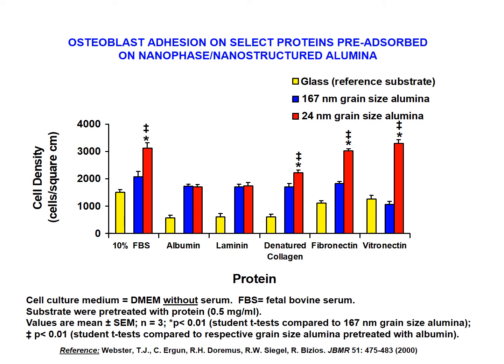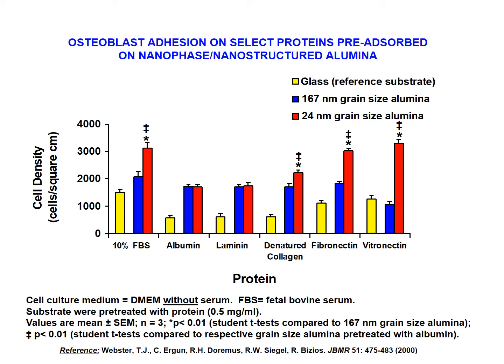Keep in mind again that this particular concentration is what I may call a cocktail containing various proteins. The rest of the results show what was obtained when we used one protein at a time. First and foremost, albumin. The two bars, blue and red, are of the same height.